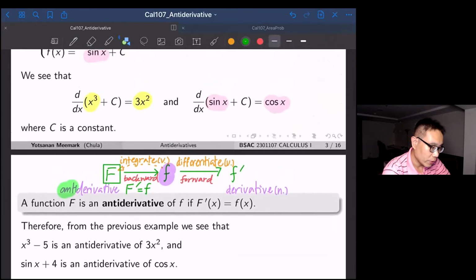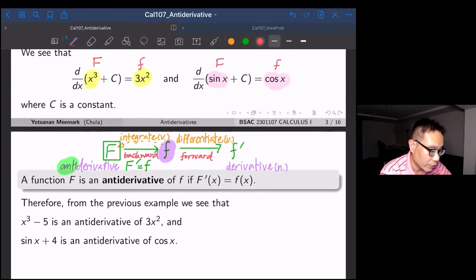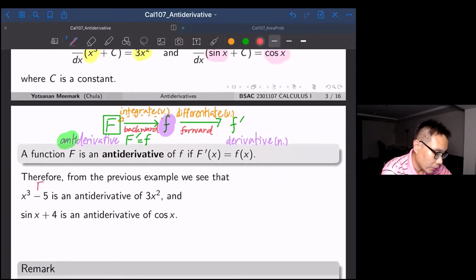For these functions, this guy will be your f, and this guy will be your capital F. So you're gonna say that x cubed minus 5 is an antiderivative of 3x squared, and sine x plus 4 is an antiderivative of cosine x.